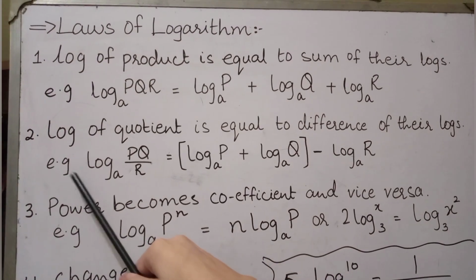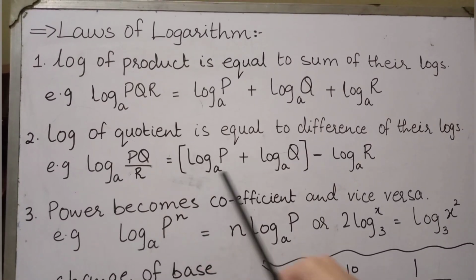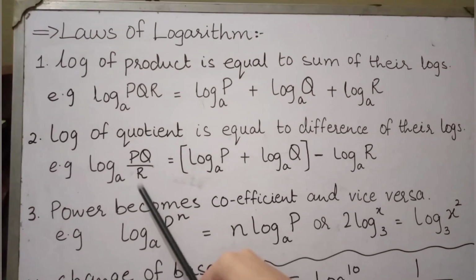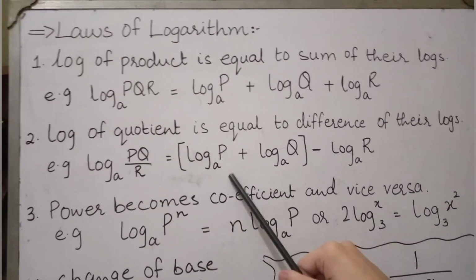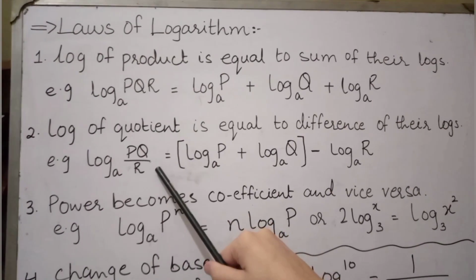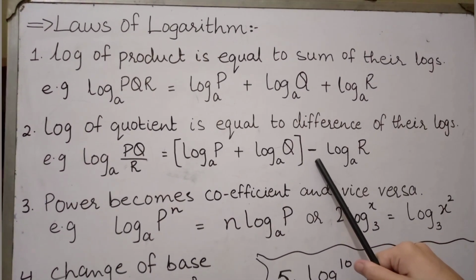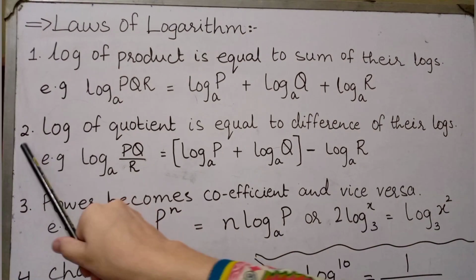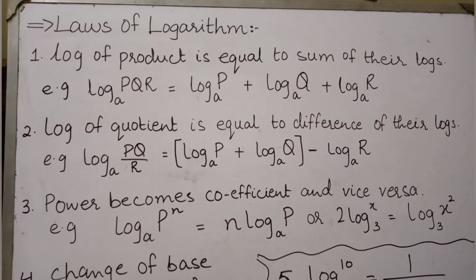Now in this example, log base a will remain the same. P and Q are multiplied, hence they will be added, but R is divided, a quotient, so negative sign, subtraction. Second law done. Log of a quotient is equal to the difference of their logs.